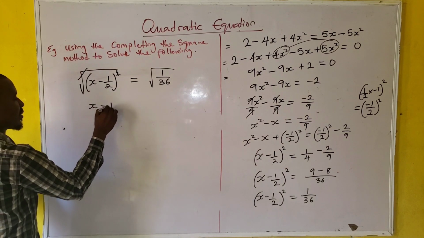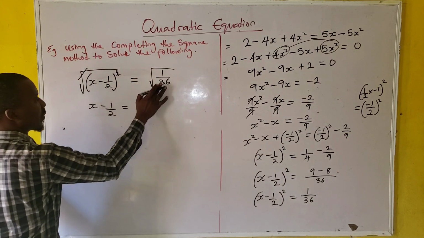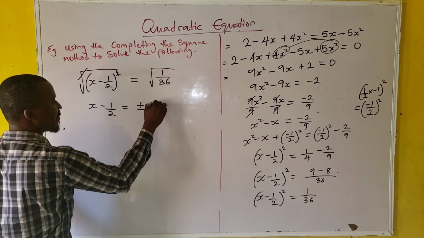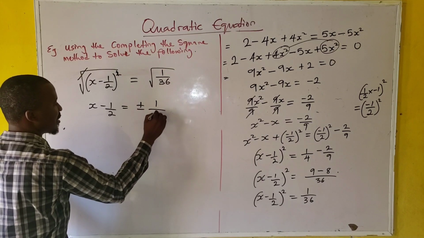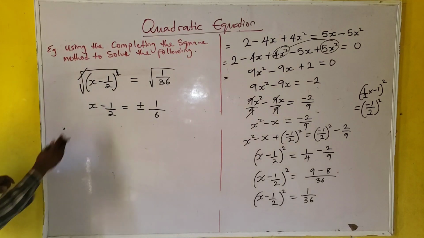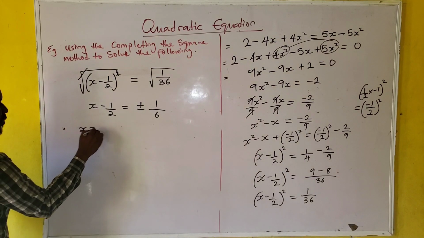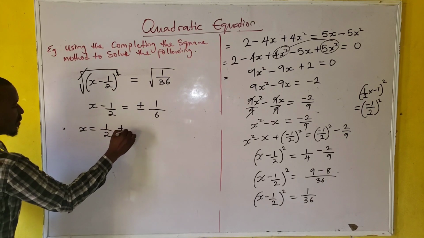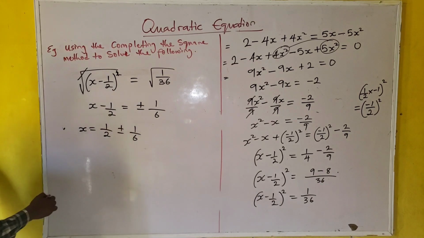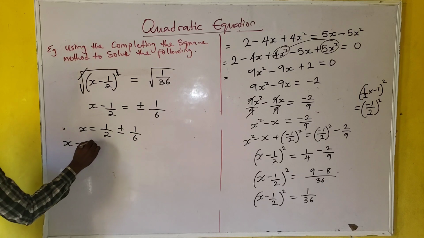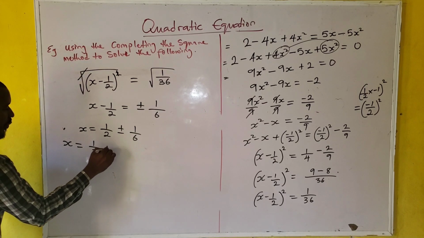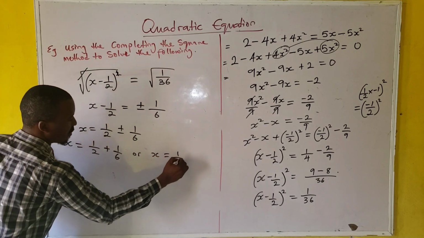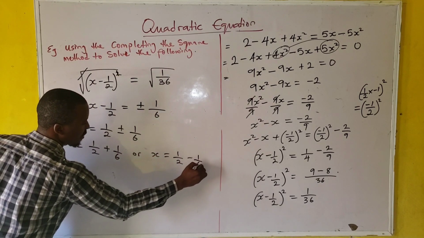I have s minus 1 over 2 equals to, when you take square root of this, plus or minus, square root of 1 will give you 1, square root of 36 will give you 6. So you solve for s equals to, this one cross over here, 1 over 2 plus or minus 1 over 6. So that will give us that s equals to 1 over 2 plus 1 over 6, or s equals to 1 over 2 minus 1 over 6.